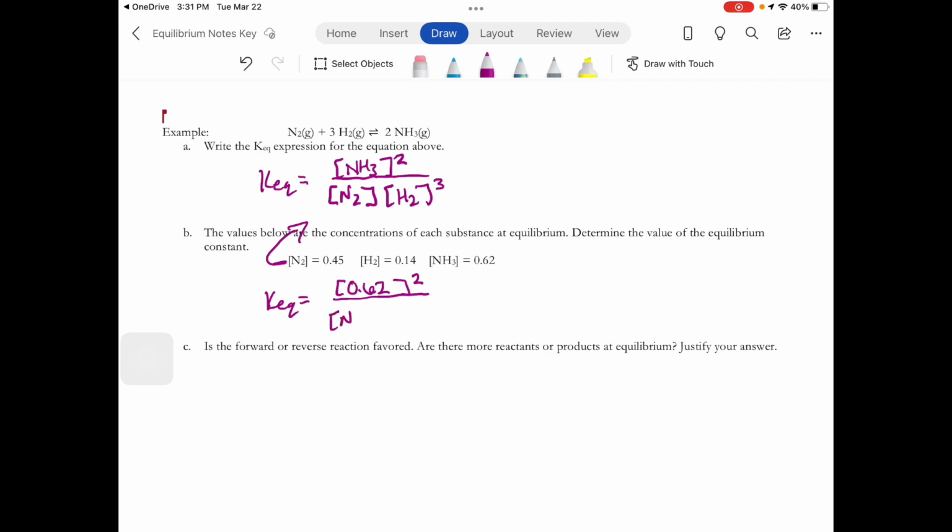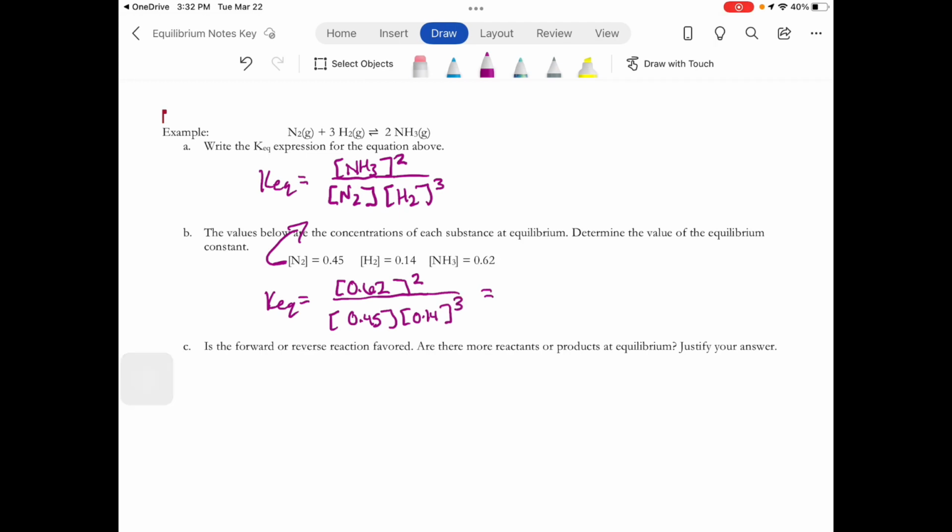Our N2 value is 0.45, and our H2 value is 0.14, and that needs to be cubed.